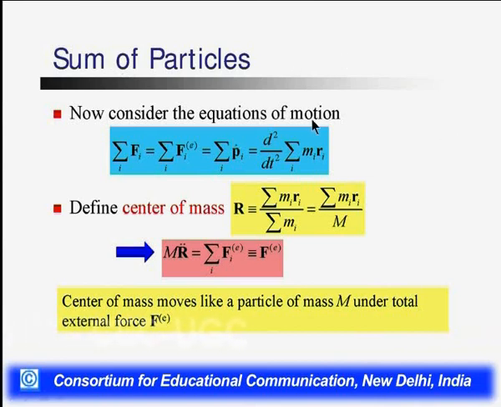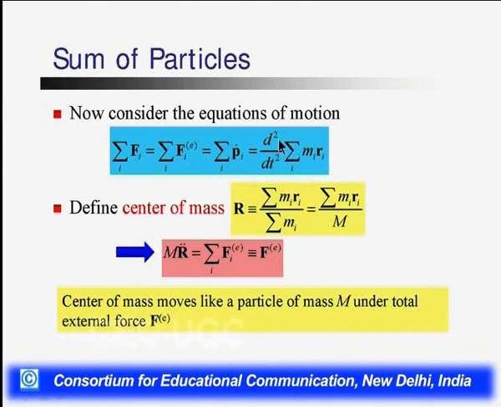Now consider the equation of motion: summation over i of Fi, which is the summation over i of Fi^e, equals summation over i of Pi dot. We know that force Fi is equal to Pi dot, the rate of change of linear momentum, which is d square r by dt square, and we can write P as summation of mi ri.